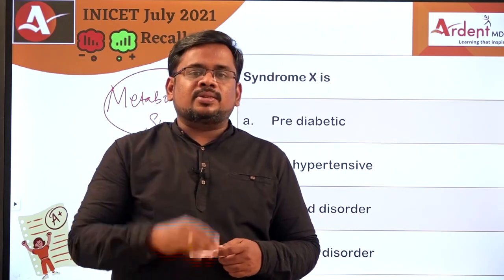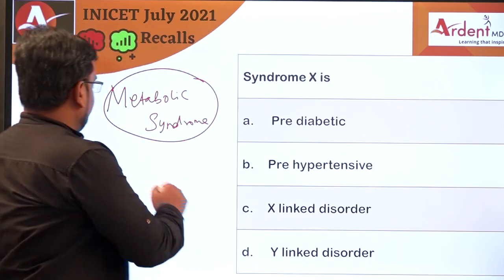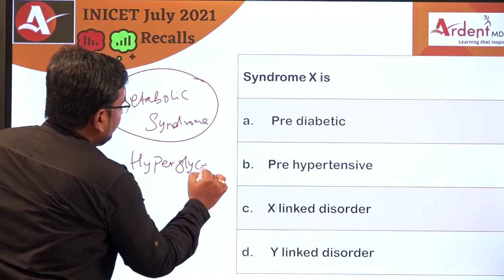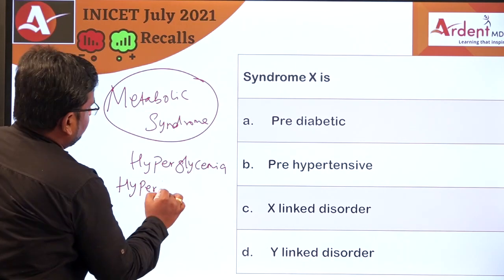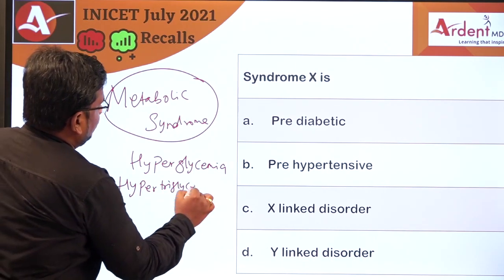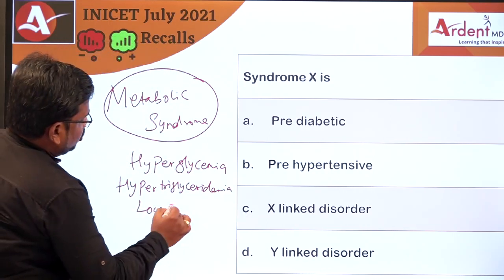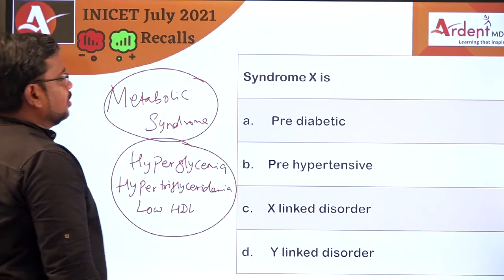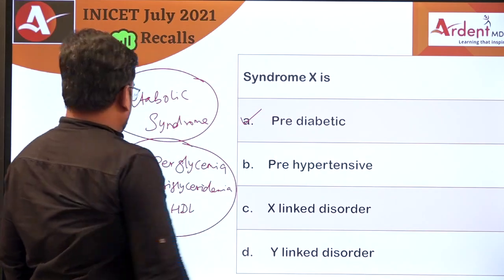Because of the insulin resistance, the patient has hyperglycemia. Along with hyperglycemia, the patient also has hypertriglyceridemia, and also low HDL. These are the associated features in syndrome X. So the answer for this is pre-diabetic.